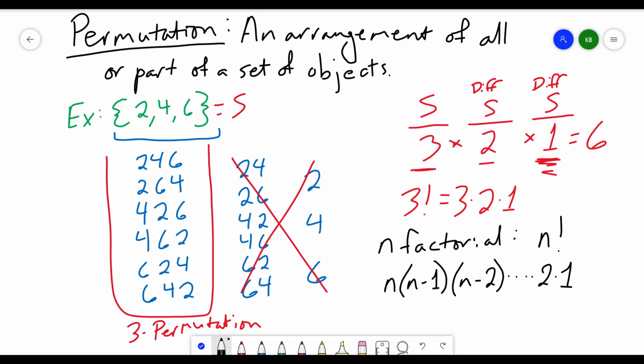And that is a shorthand so that we don't have to write out all of these different possibilities, and we don't have to write out this whole multiplication problem. We can just write out the shorthand.